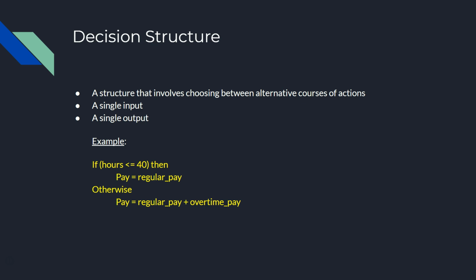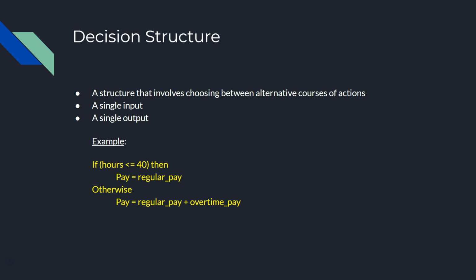And then finally is decision structure. This is a structure that involves choosing between alternatives, a course of actions, again, back to that diamond shape, okay? And usually you have a single input and a single output. In the example here, I have pseudocode that says if the hours is less than or equal to 40, then the pay is regular pay.